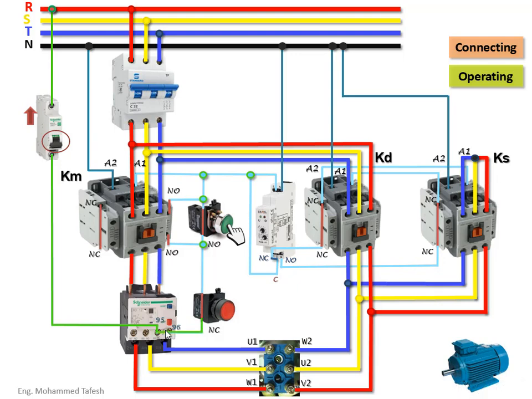Then to the stop button, in the closed state, and then to the start button and the loop located here, so that it feeds the coil of the motor contactor.